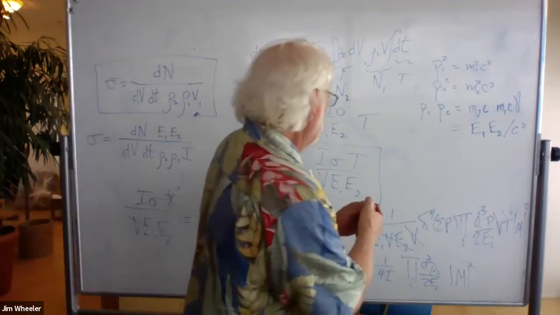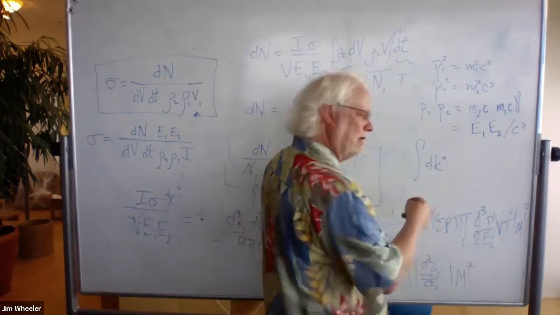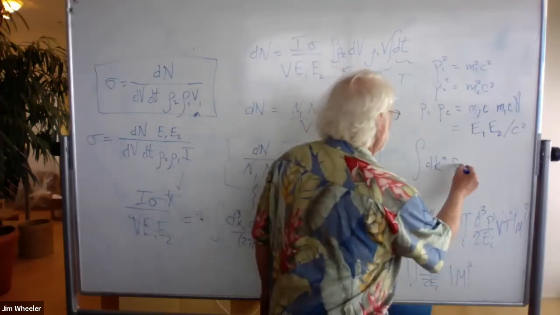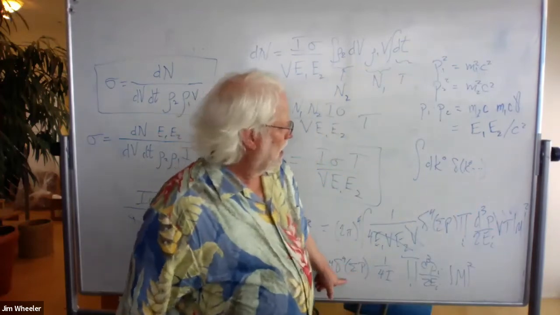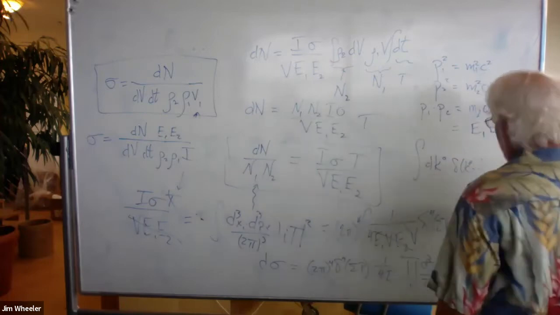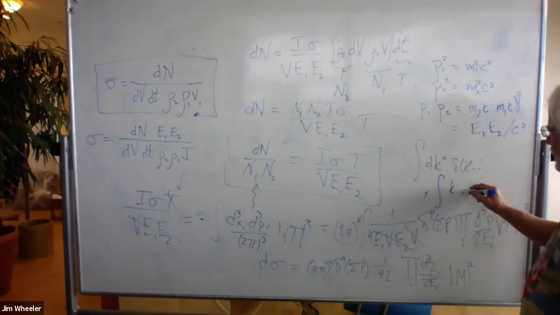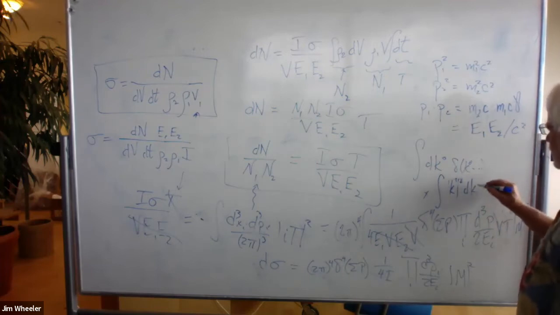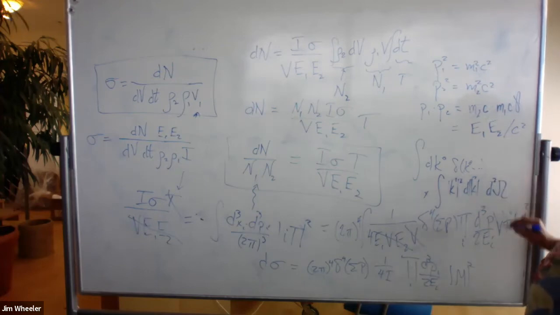So you're going to have a dk naught, say for the photon electron scatter, but you're going to have a delta of that residual from the conservation of momentum, and then you're going to have k, the magnitude of k squared, d the magnitude of k, times angular integrals.